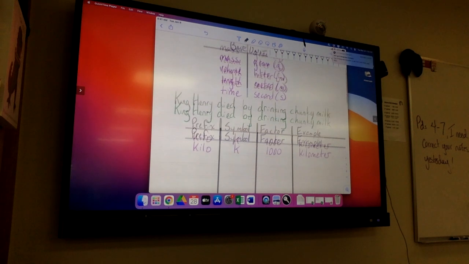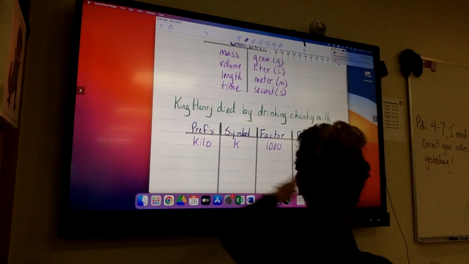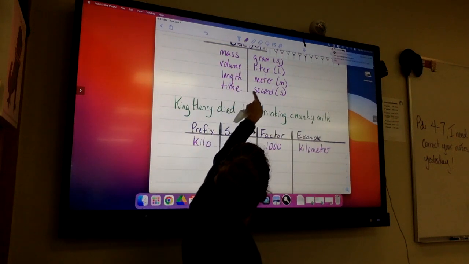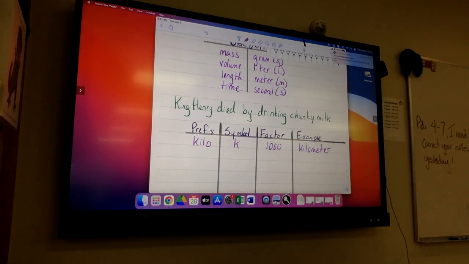Okay, good talk. So, what is the abbreviation for kilometer? Well, you take the abbreviation for kilo, which is a K, and the abbreviation for meter, which is an M, and you put them together. KM.